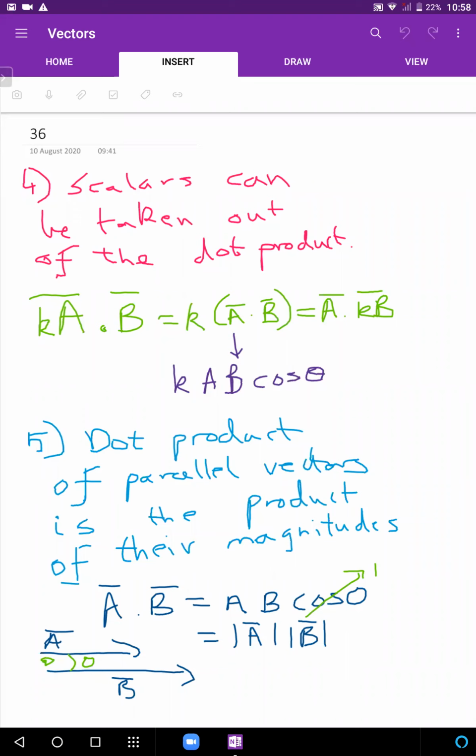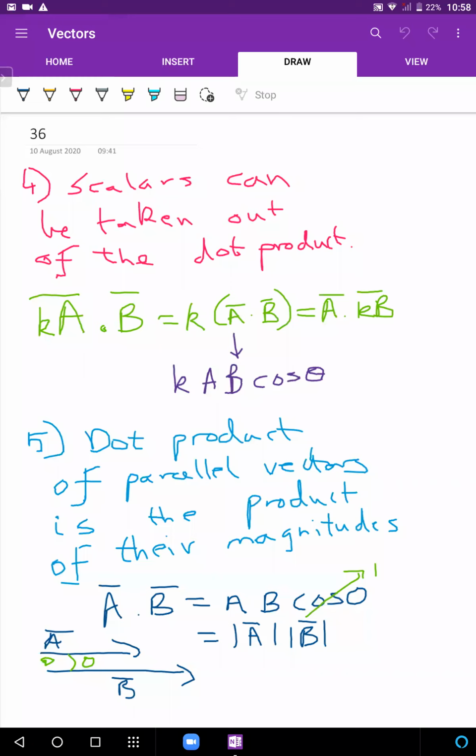Okay. Point number 4. Okay, so scalars can be taken out of the dot product. बहुत सिंपल सा पॉइंट है. यहाँ पे एक्चुअली क्या बोलना चाह रहा हूँ, जैसे इफ आई हैव B का डॉट प्रोडक्ट with some number into A bar, so all I am saying is I can take the number outside.